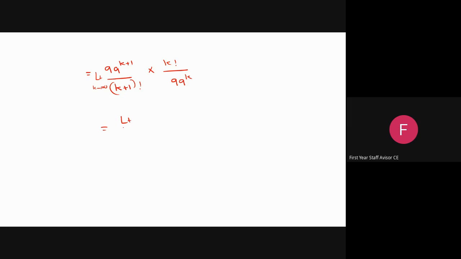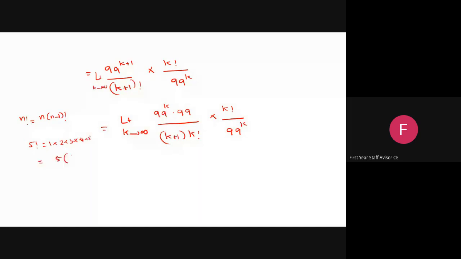That means limit k tends to infinity, 99 raised to k plus 1 means 99 raised to k into 99, divided by (k plus 1) factorial. k plus 1 factorial is equal to k plus 1 into k factorial. 5 factorial is equal to 1 into 2 into 3 into 4 into 5, so we can take 5 into 4 factorial.